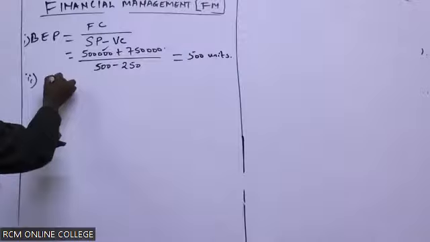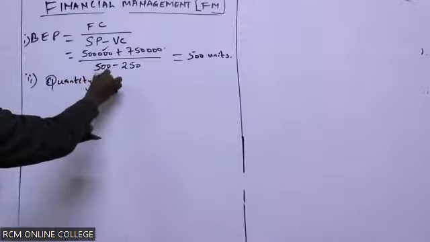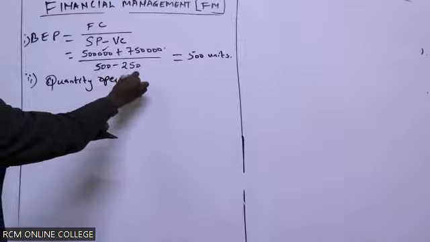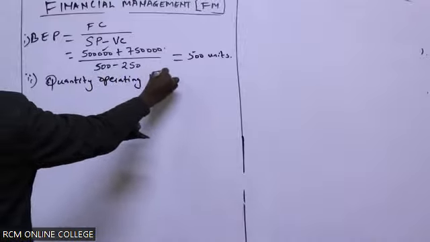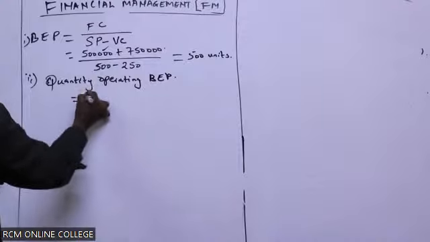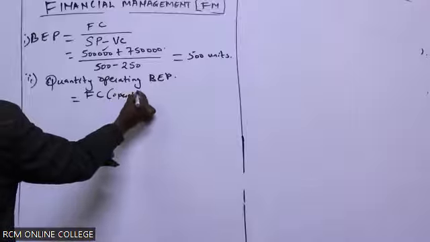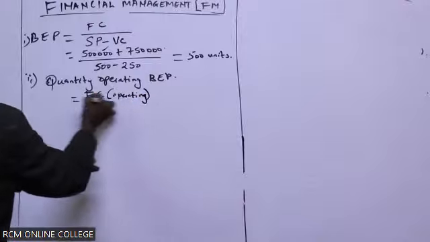Quantity, operating BEP. Hii tutachukua, it will be given by fixed cost ya operating divided by what?